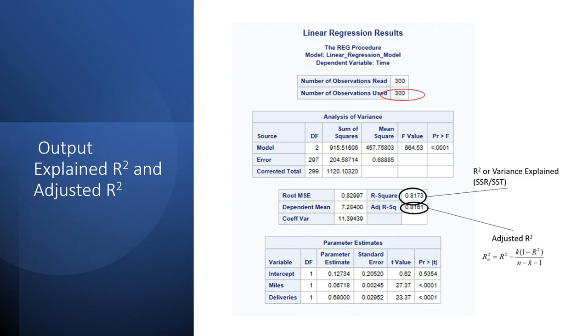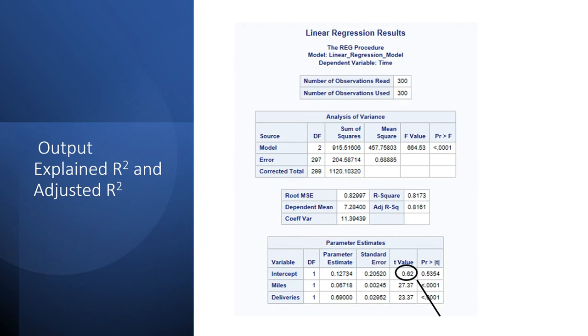And so we need to keep in mind the number of observations that we have and our degrees of freedom from our model. And then we can do the hypothesis testing for our individual slope values as well.